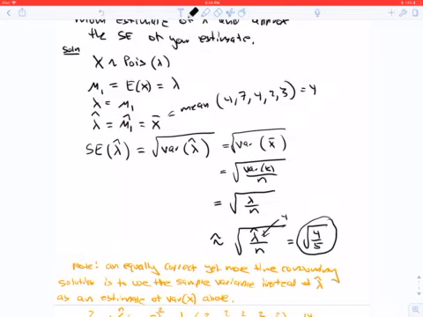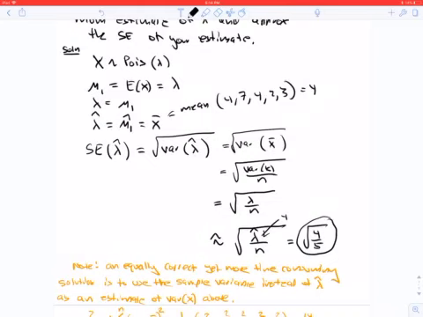Now to calculate the variance of x, well, we don't know what the variance of x is, but we can approximate it. And there are two ways you can do that. One is you know that x being Poisson means that the variance of x is just lambda, and lambda we can approximate by lambda hat, which is 4.